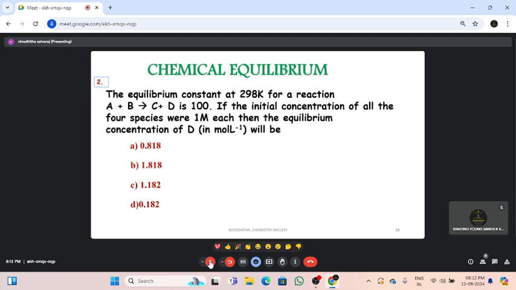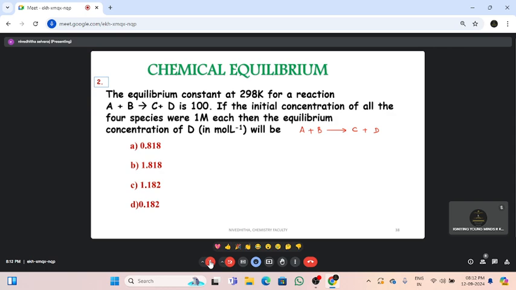They're asking us to find the equilibrium concentration of D. So let us take this chemical reaction. 1 mole of A is reacting with 1 mole of B to give 1 mole of C and 1 mole of D. In this reaction, A and B are reactants and C and D are products. Usually, whenever we are doing a chemical reaction, we will be starting with the reactant.